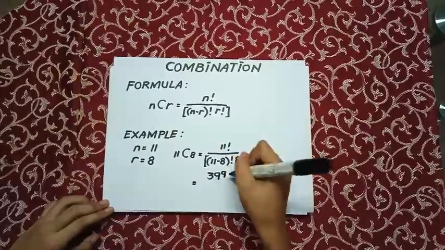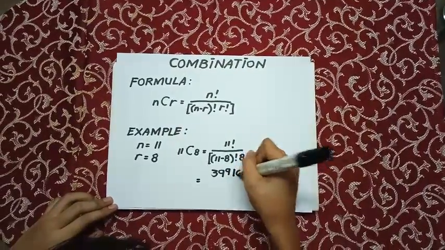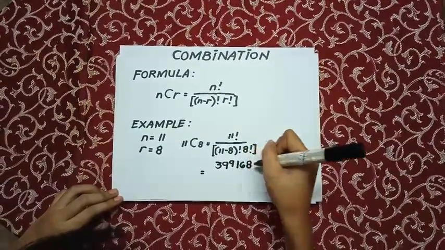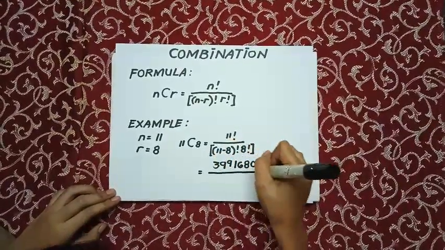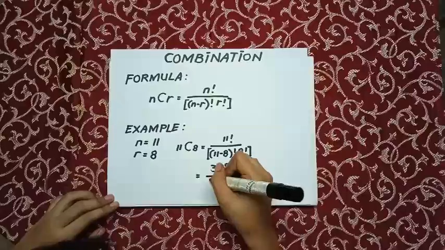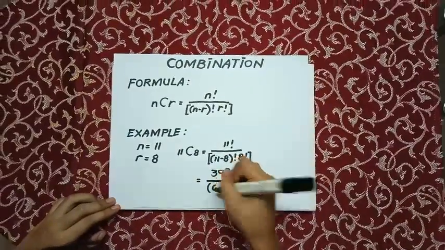This will be equal to 39,916,800 divided by 6 times 40,320.